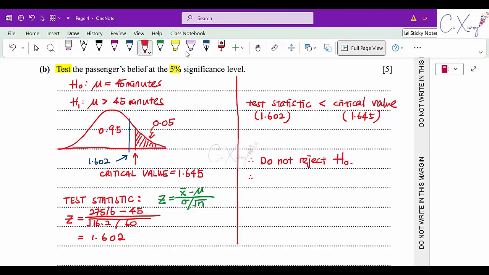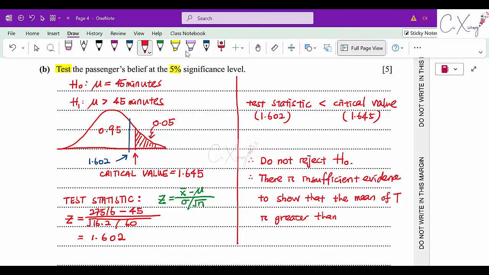So you can just tell them that there is insufficient evidence to show that the mean is greater than 45. This is what you need to show when you run the test for the mu.